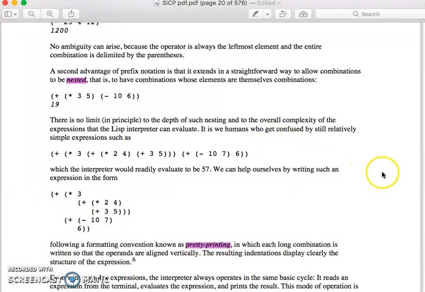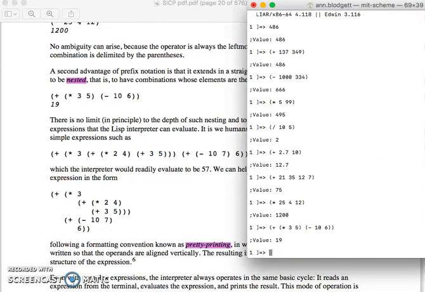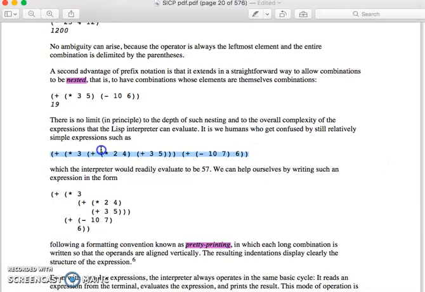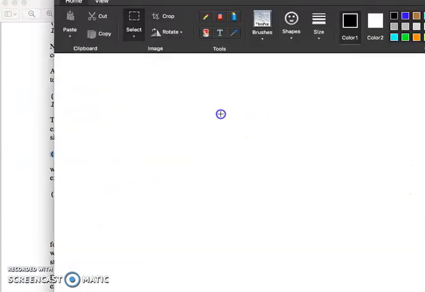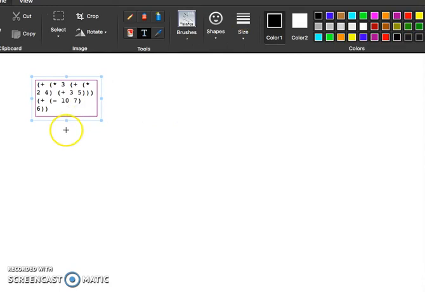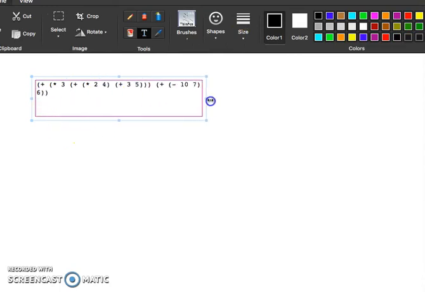It is we humans who get confused by still relatively simple expressions such as this one. I have to draw this one out, so I'm going to copy it.